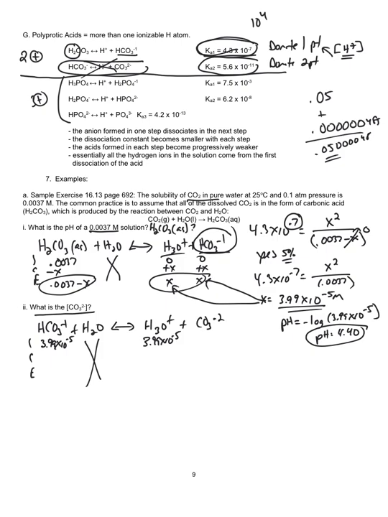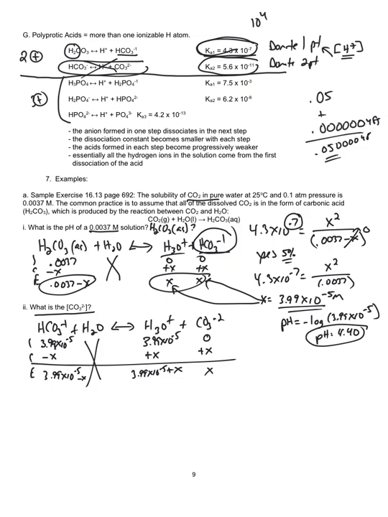Did I get any CO3 minus 2 from the first dissociation? No, so that is 0. And since it's 0, the acid can further dissociate to get some extent of CO3 minus 2 present. Adding these together, 3.99 times 10 to the negative 5th minus x, 3.99 times 10 to the negative 5th plus x, and x.